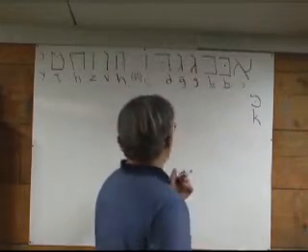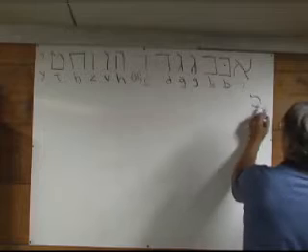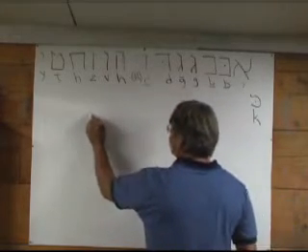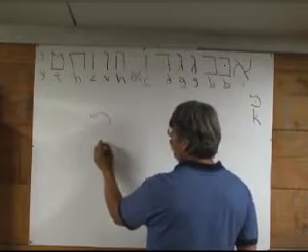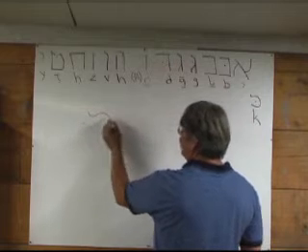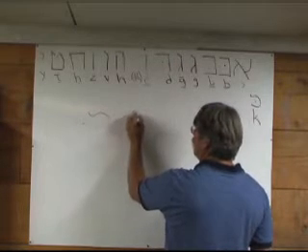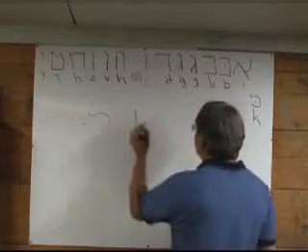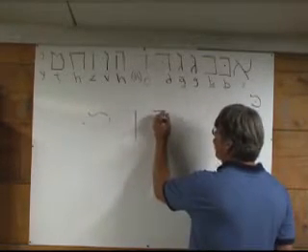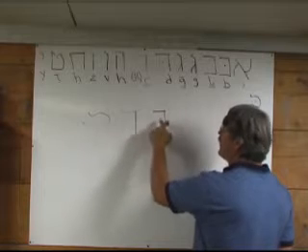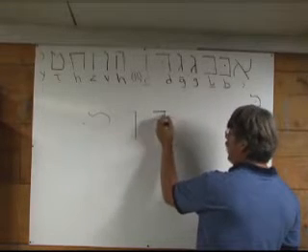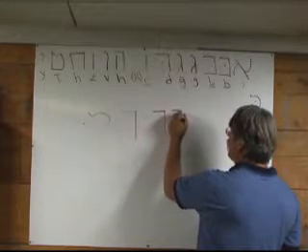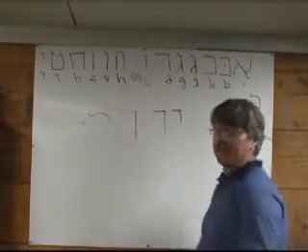The key to the final letters is you keep the top part of the letter. The original letter goes like this and then across, right? In a circle. You keep this part of the letter, and then it goes straight down. And technically in square script, all you have to do is draw it across and then straight down. But the tail is longer, because you'll notice how similar this looks to Dalet.